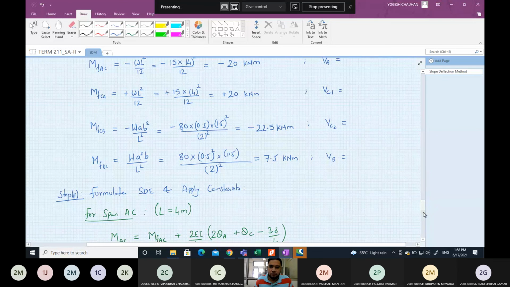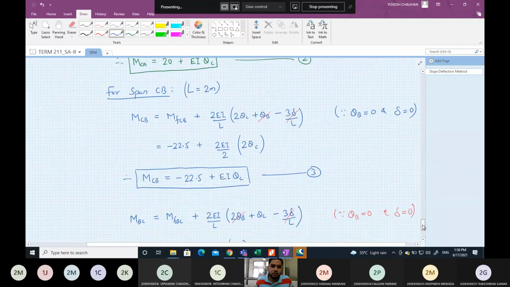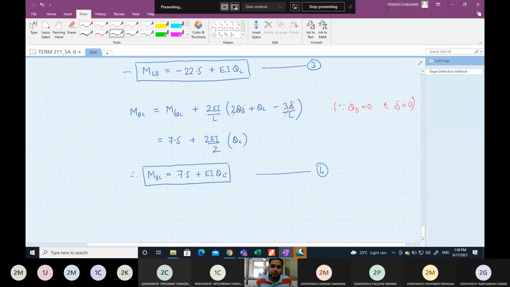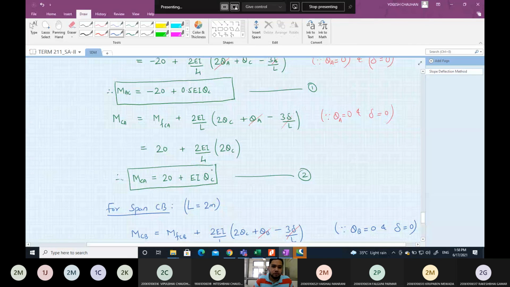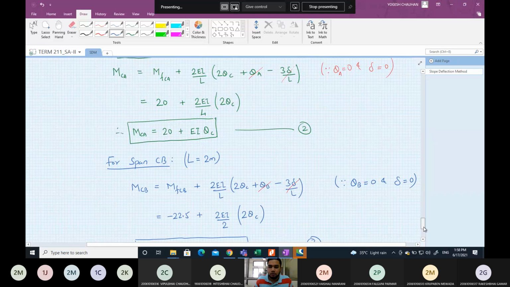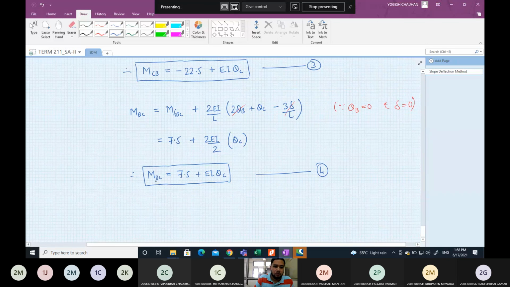We will apply the equilibrium conditions and find the unknown theta C, which is unknown in all of these. Then we'll back substitute this value of theta C in all these equations 1, 2, 3 and 4. So we'll get the final moments MAB, MAC, MCA, MCB, MBC.